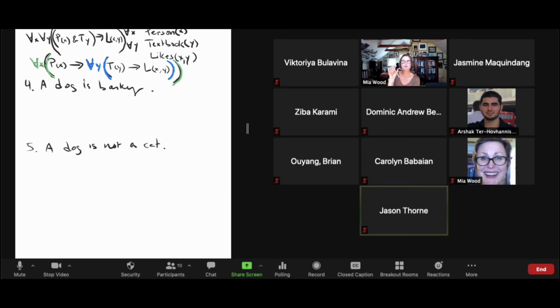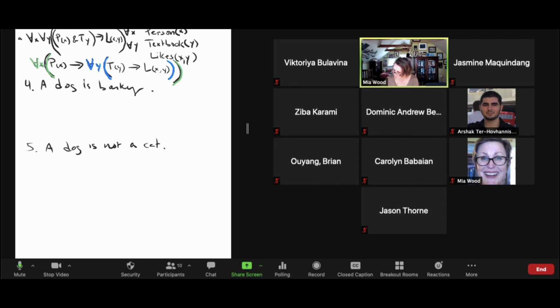I don't know if anybody's perplexed by why in the A version, we have a conjunction, and in the second version, we have an arrow. But let's think about some truth functionality here. If we go back to our propositional logic, we should have seen the following equivalence. So here's the equivalence.